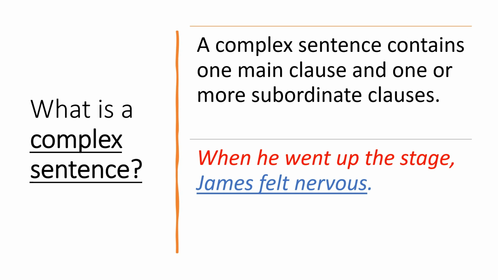The sentence is complex because it has one main clause and one subordinate clause. The part of the sentence in red color is the subordinate clause, while the blue with underline is the main clause. If you want to review about main clause and subordinate clauses, you can watch the video with the link in the description box.